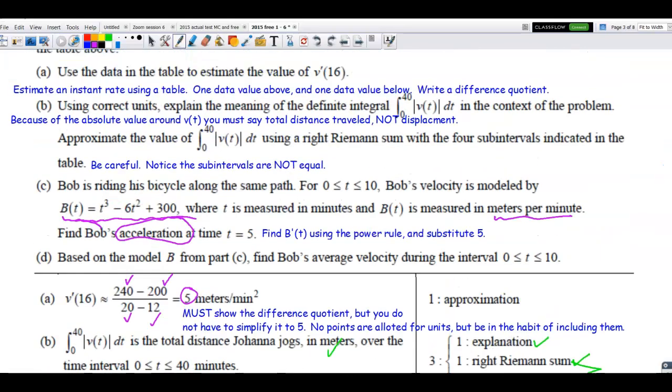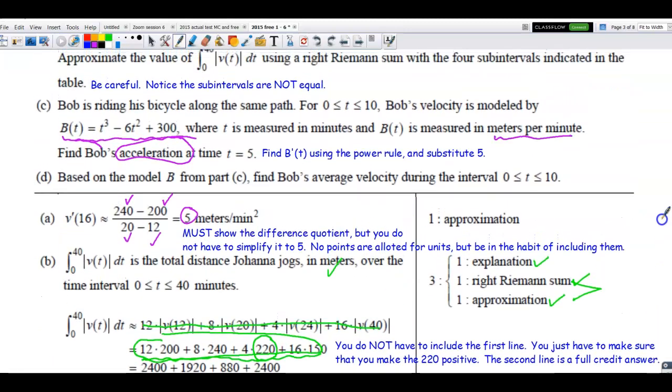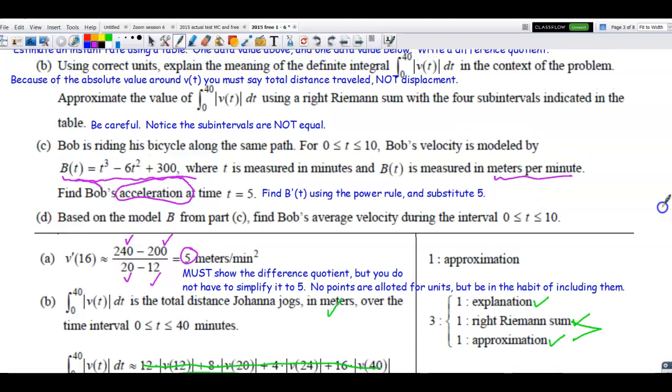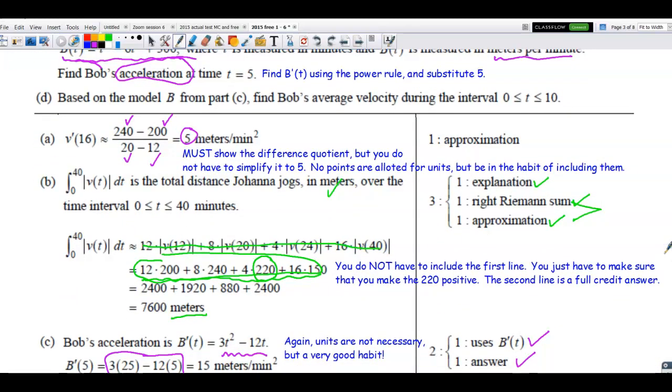And then lastly, in this problem, we're looking at the model from part C, sorry, I've got to read carefully. Based on the model B from part C, so in other words, we're focusing on Bob, find Bob's average value of velocity during 0 to 10.